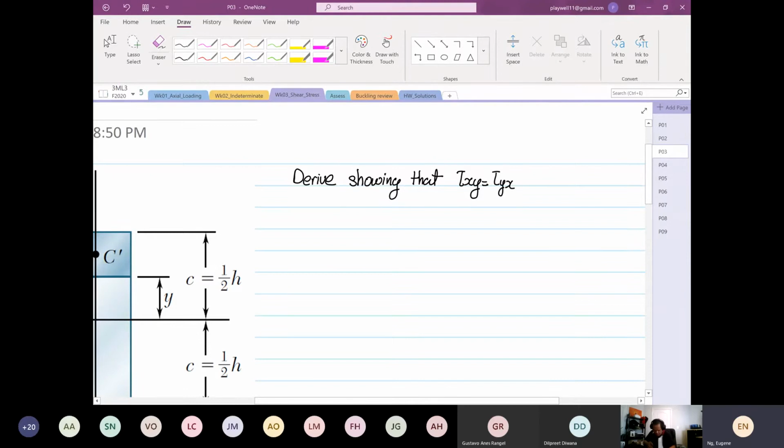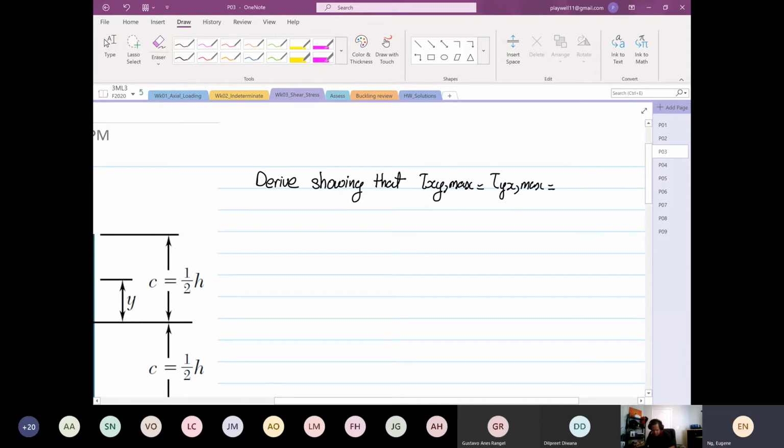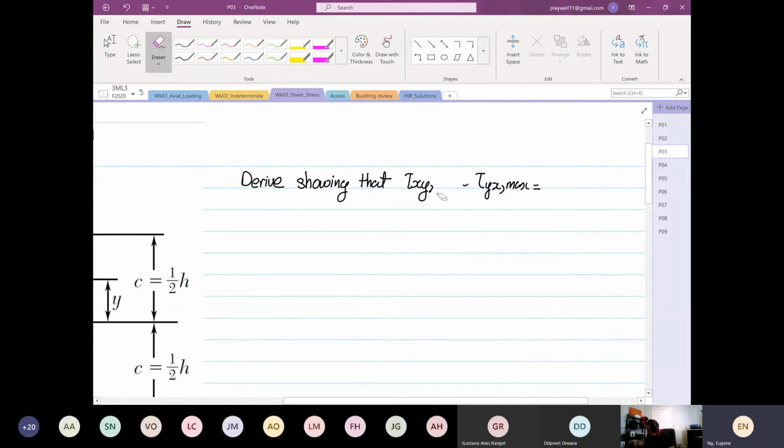And this will be somehow, so that the maximum value is going to shear yx maximum, and this will be equal to, what am I doing? So no. Get rid of the maximum. My bad. I'm not looking at the right thing.